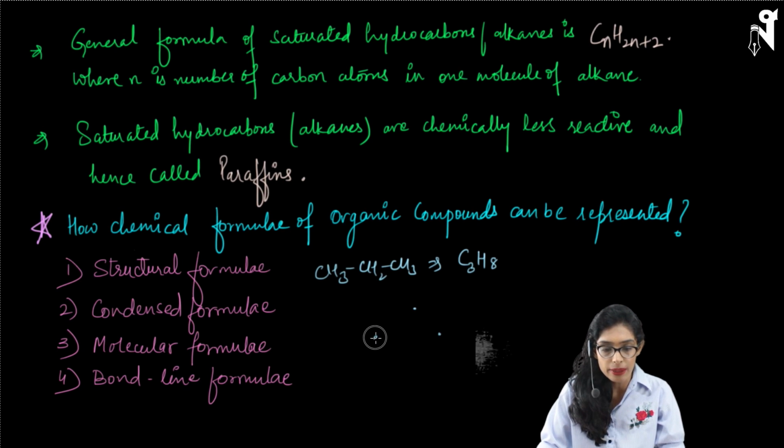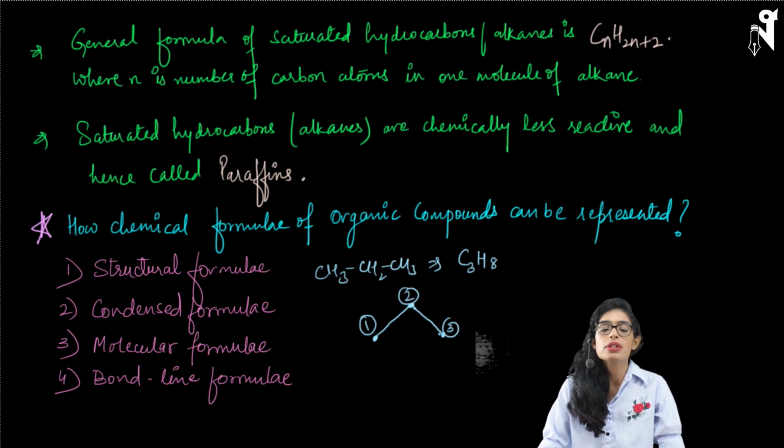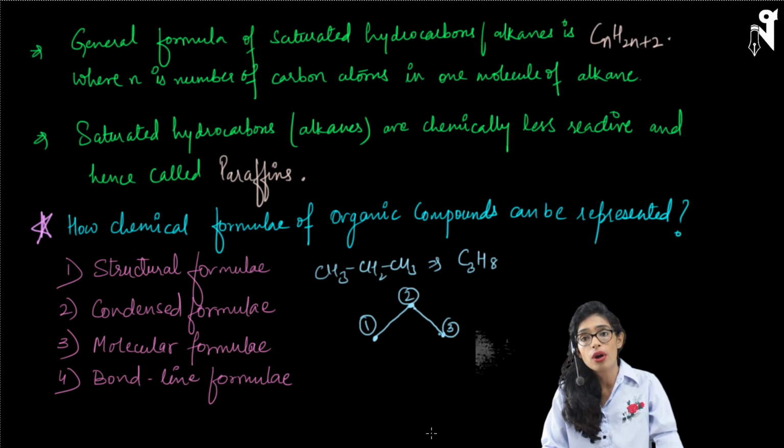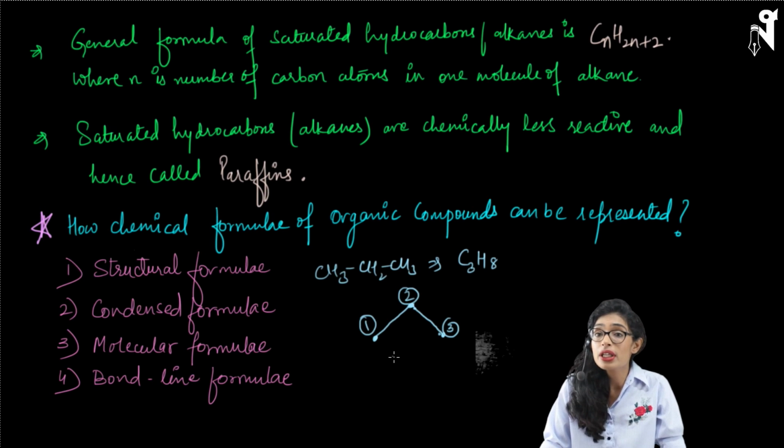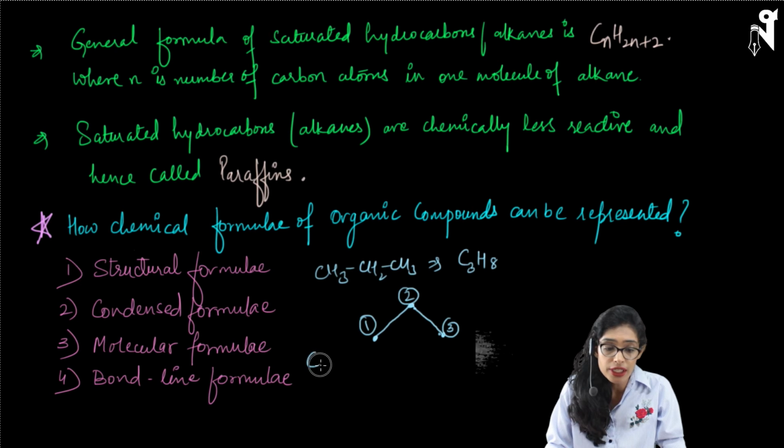Generally, the lines are in a zigzag manner. So there is one line here, another line here. The endpoint of this line is carbon 1, this is carbon 2, and this is carbon 3. All three carbons are linked with each other through a single bond, and we are assuming that the valencies are already fulfilled. Okay, similarly, if I take C4H10, how will I draw it?